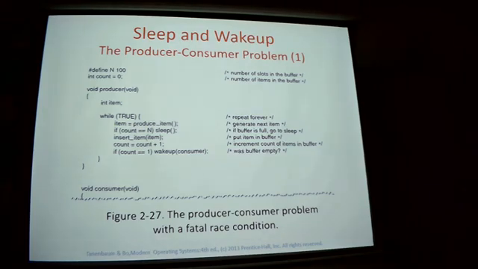Maybe I can write down the two processes. The first one, process one, is to produce items, so we call this one the producer.